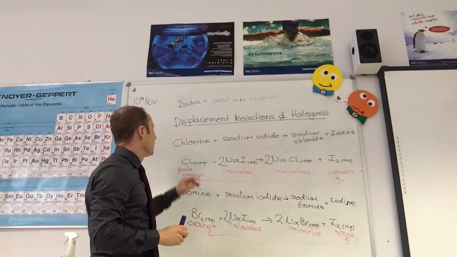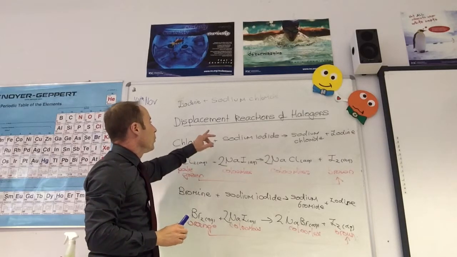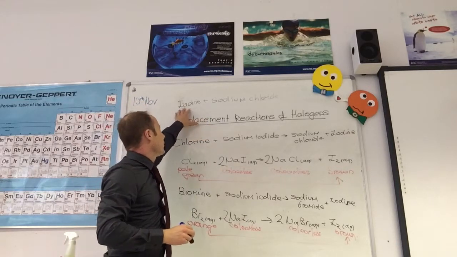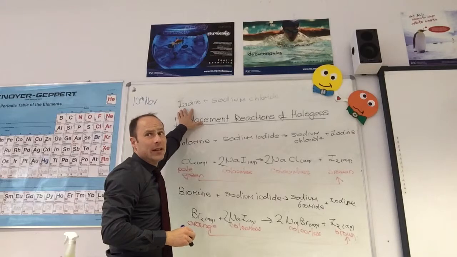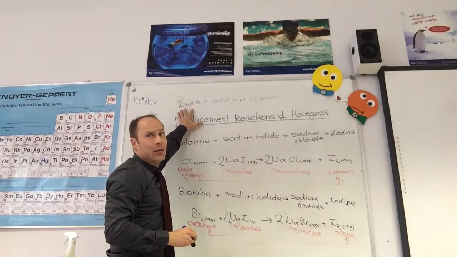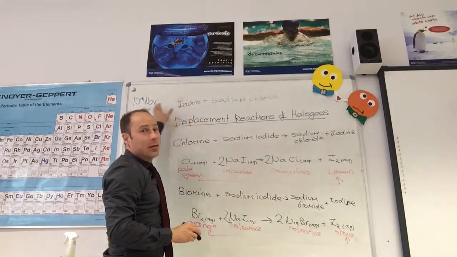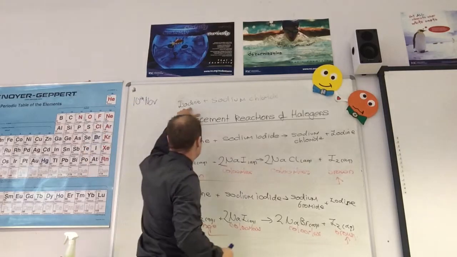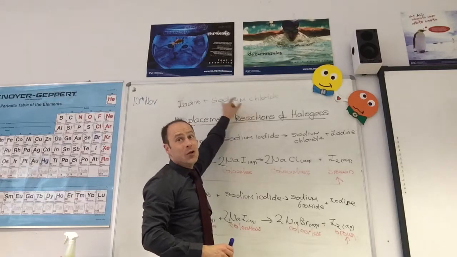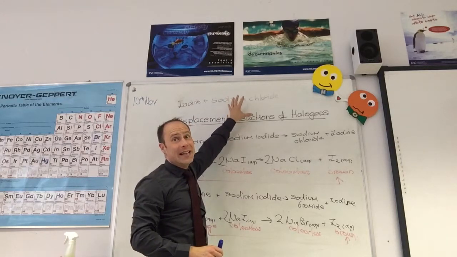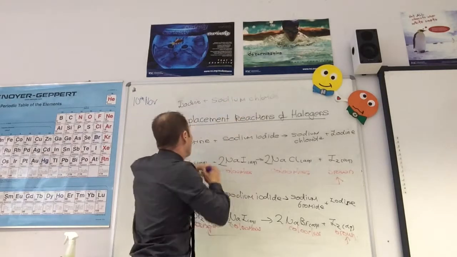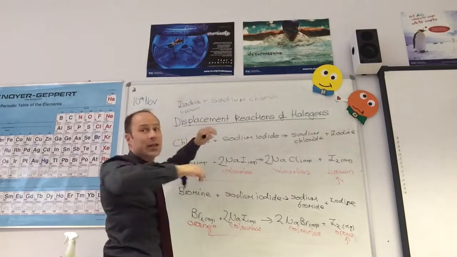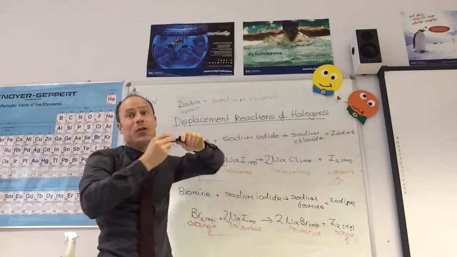What can we say about the reactivity of iodine compared to chlorine? Iodine is less reactive than chlorine, so no reaction. So what would I see in this reaction? Iodine is brown in water, so it would just stay brown, nothing would happen at all.